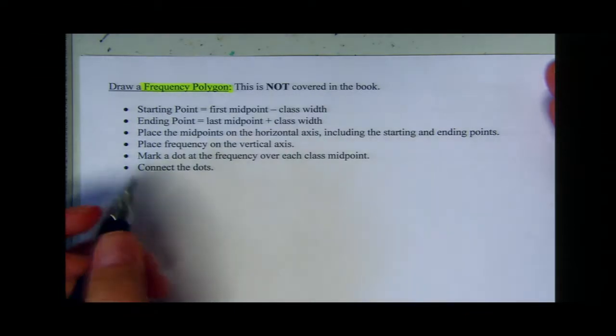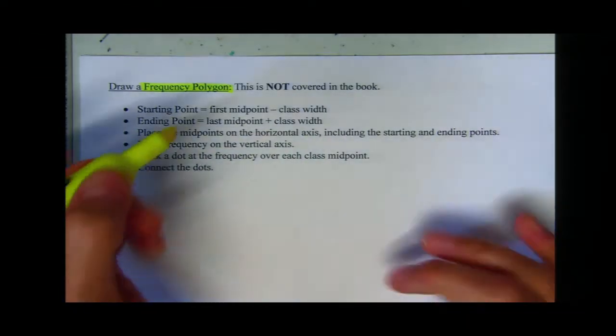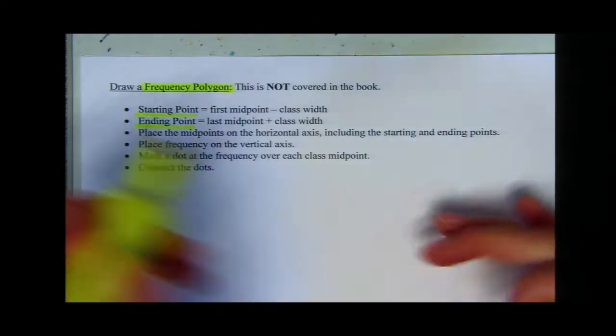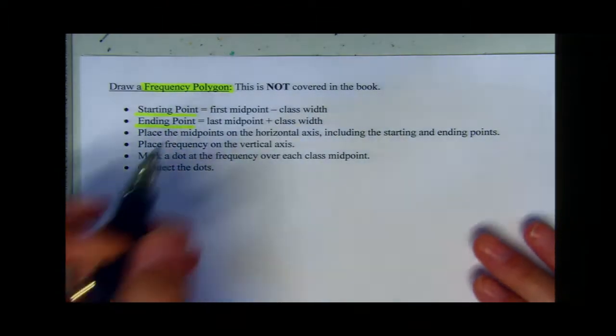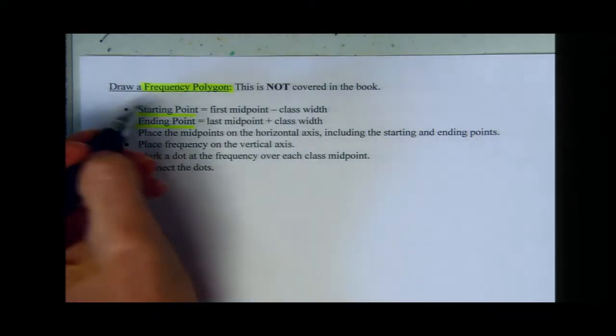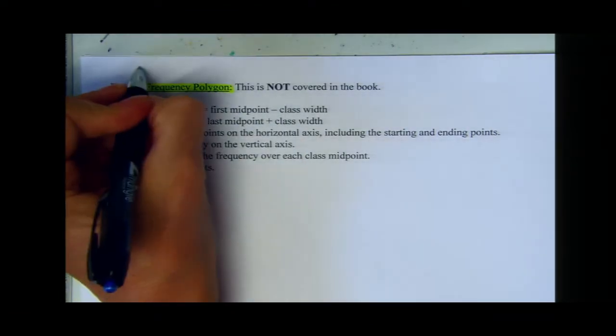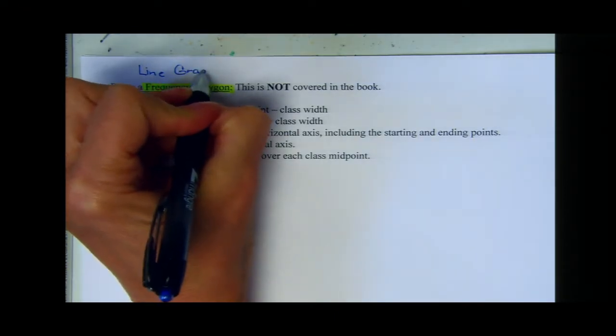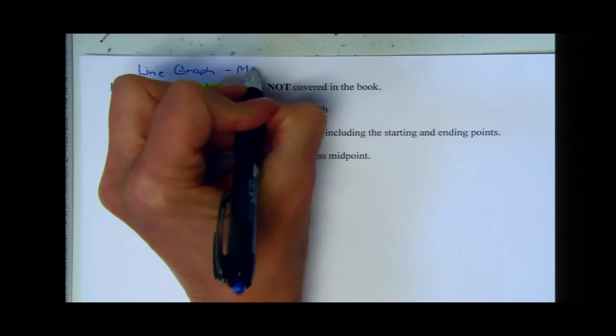All right, so one thing we have to do with the frequency polygon is find what is called the starting point and the ending point. So the starting point is your first midpoint. What this is, is a line graph of your midpoints.